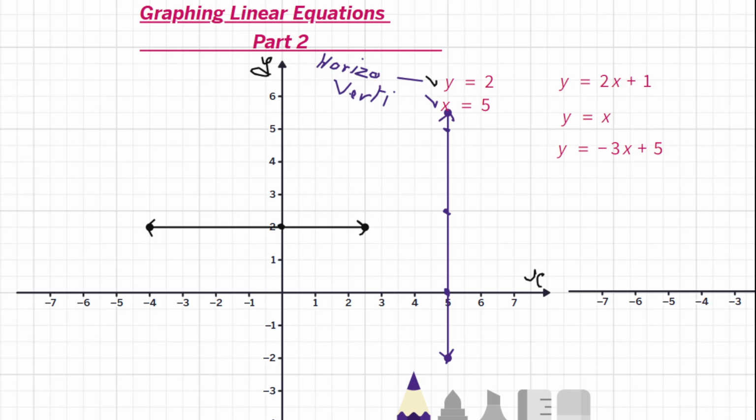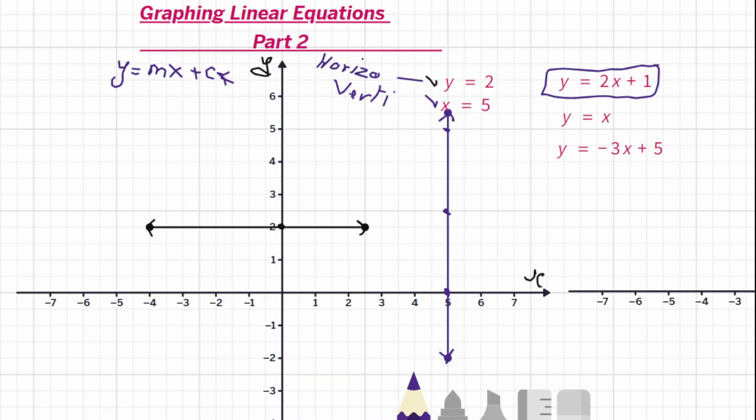That's all right. Now let's graph y equals 2x plus 1. To do this, let me just remind you, the form is y equals mx plus c. This is the linear equation. What's c? C is the y-intercept.